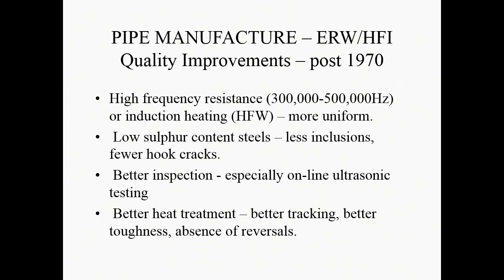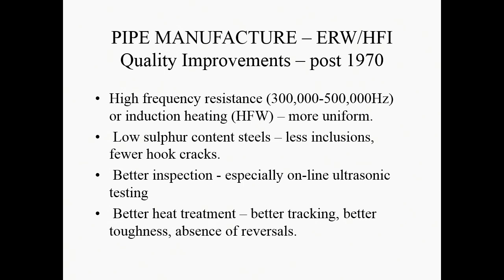So since 1970, what have we done? Well, we've gone for much higher frequency resistance welding, so the frequencies have gone up, there's much more surface heating. We've gone for induction heating, which doesn't rely on these sliders, which means that the reliability of the heating process has improved. The steel has improved, lower sulfur content steels, less inclusions.